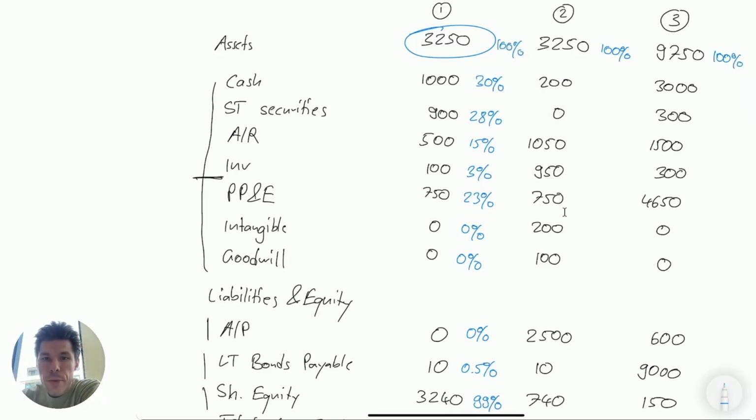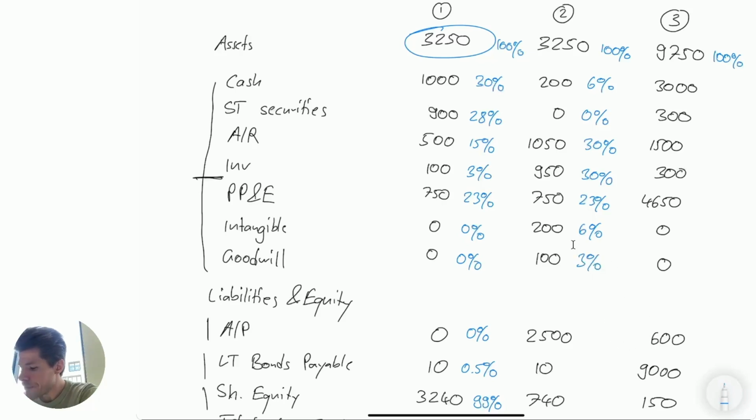And then if we do the same for company B, 6%, 0%, 30%, inventory 30%. Again, I'm rounding here, but it's more for illustration purposes. PP&E 23%, intangible assets 6%, goodwill 3%.